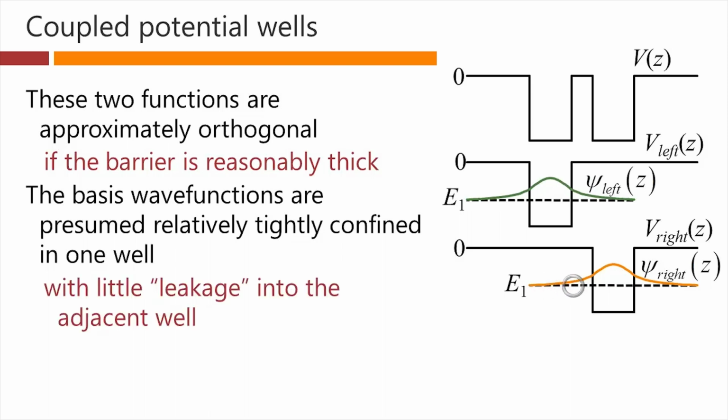So we're saying this amount of wave function leakage we see into this barrier here is not very much, so we think that probably even in this coupled well problem, there's not really very much leakage of this basis function over to the left, and similarly there's not much leakage of this basis function over to the right. Now, this is only an approximation, but we're going to take this approximation in this model. Hence, we're calling this the tight binding model. These individual wave functions we regard as being very localized within their individual wells.